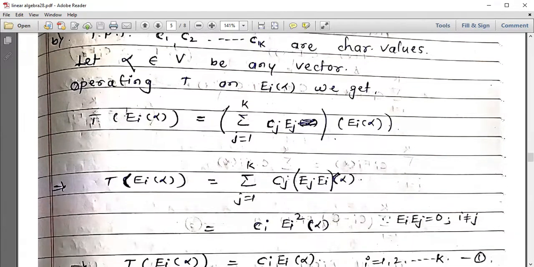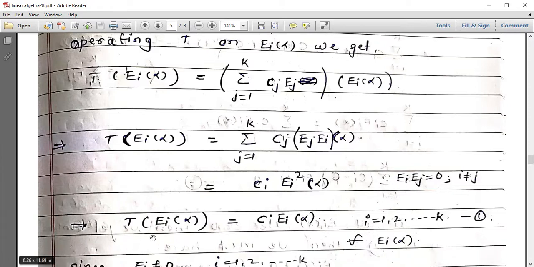Since Ei Ej is equal to 0 for i not equal to j, running these terms from j equal to 1 to k, this becomes Ci Ei square of alpha, and all the other terms are 0 for i not equal to j.